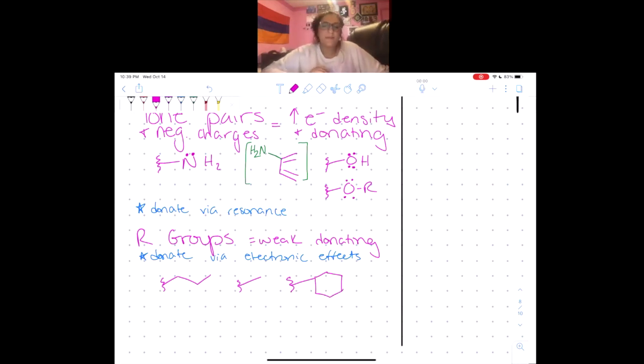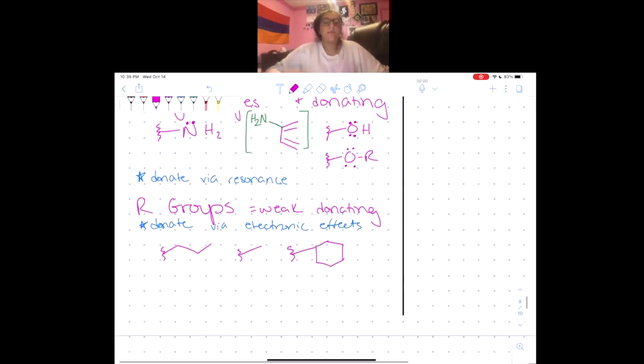But what you have to keep in mind is that the more carbons you have on your R group, the more donating it will be. So let's say we have a diene that has 2 methyl groups versus a diene that has something like this, right?